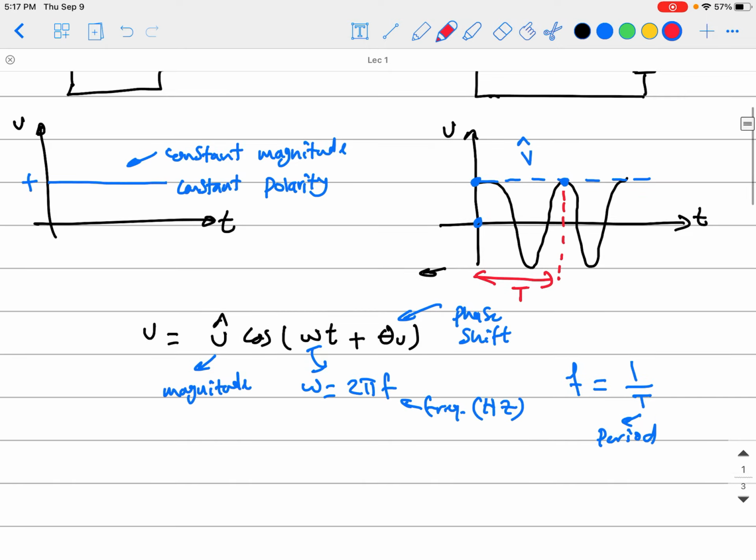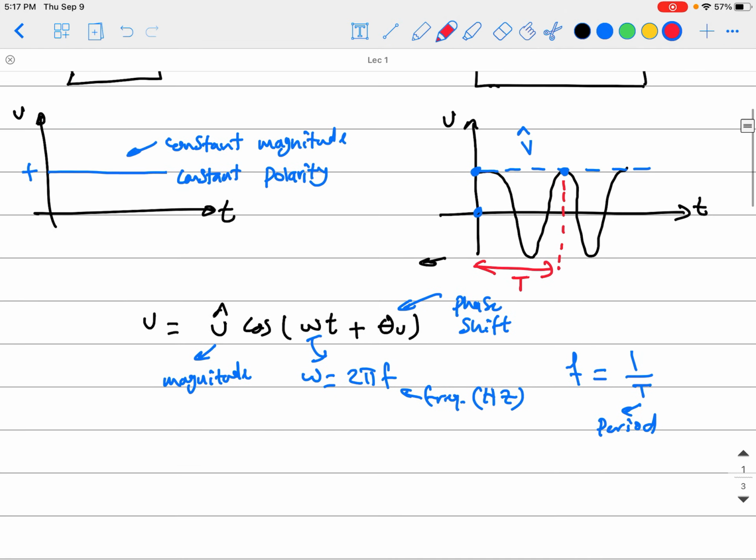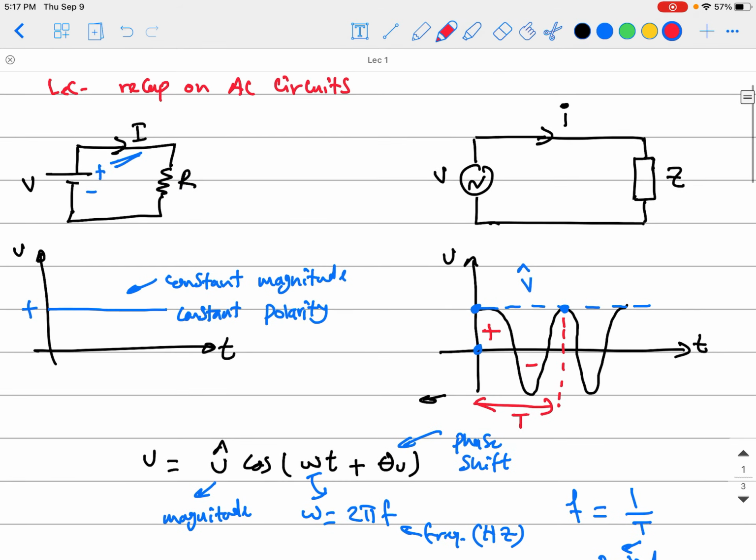So that is how you represent the AC circuits, and that is the idea. If you see now, that is basically changing in magnitude. Like you see, the magnitude keeps changing all the time, and also the polarity, sometimes positive, sometimes negative. That means the current over here will keep changing in direction.